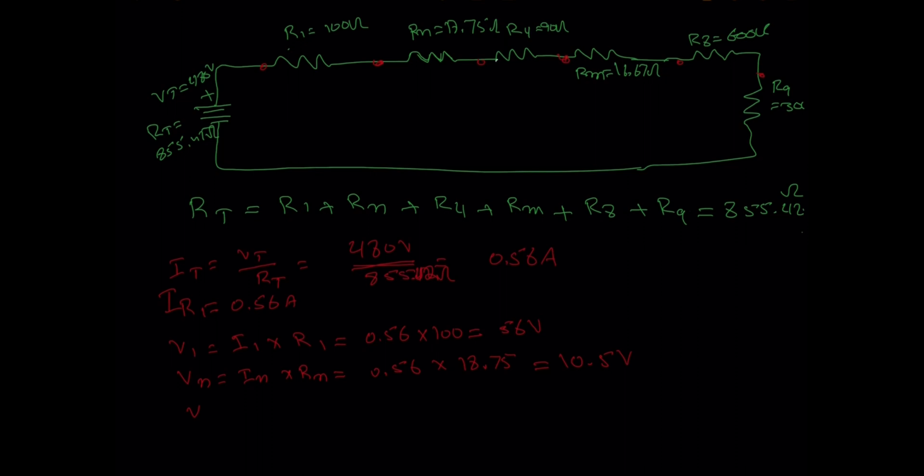Now V4 is equal to I4 times R4. I4 is 0.56 times R4, which is 90. 90 times 0.56 gives me 50.4 volts.